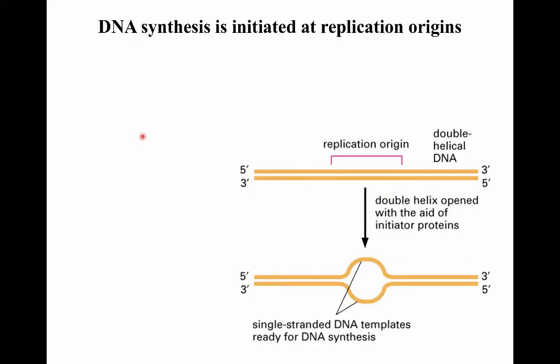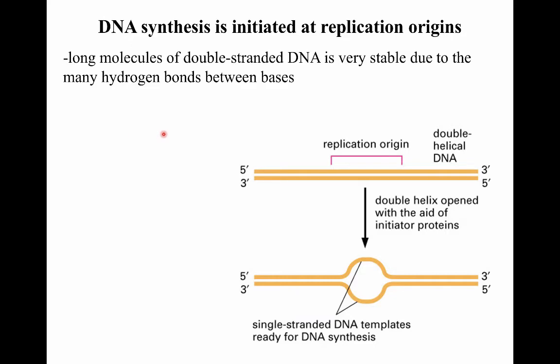And so because this is such a big job, in organisms like us and other eukaryotes, it starts at many places along the chromosome. So DNA is a very long, stable molecule, but the individual bonds that hold the two strands together, which are the hydrogen bonds between bases, between A's and T's and C's and G's.